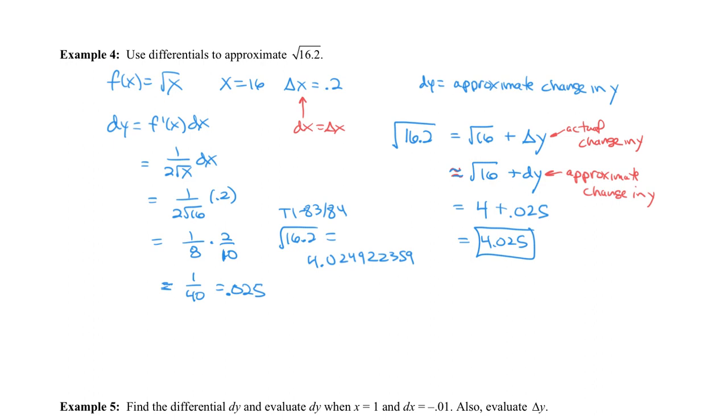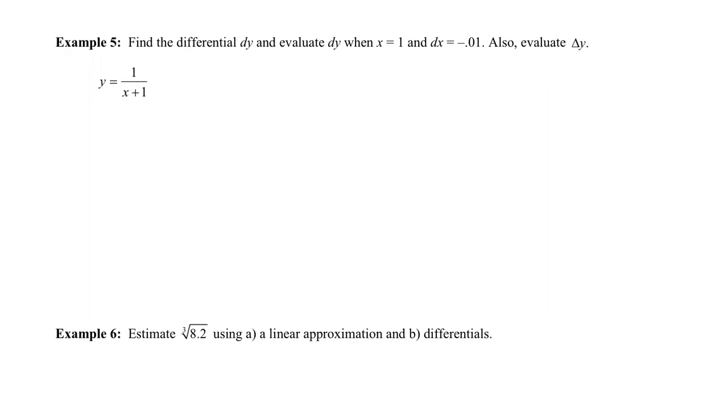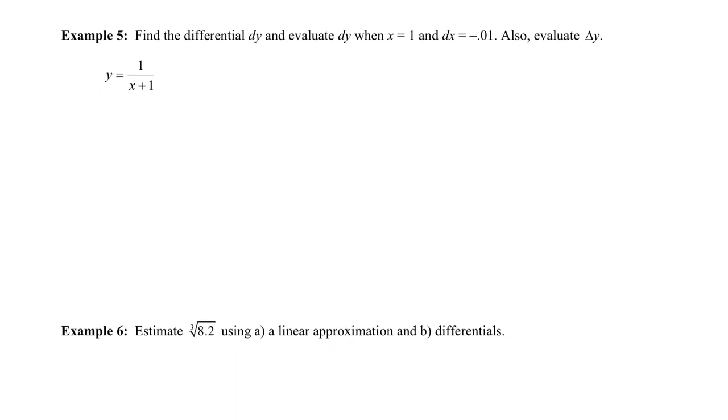All right, so let's take a look at example 5. They ask us to find the differential dy and evaluate dy when x equals 1 and dx equals negative 0.01. Then also evaluate delta y, the actual change in y. So they give us y equals this.